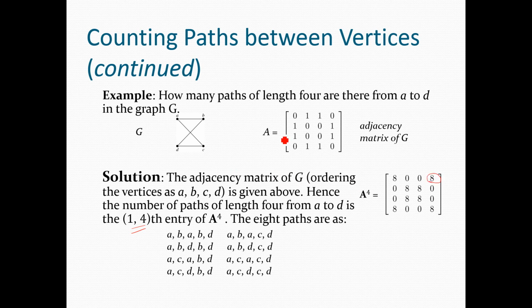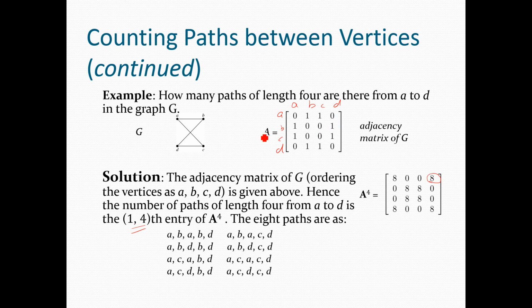First of all, we have to find the adjacency matrix of G, and this can be done with the order A, B, C, D, order matters, of course. A is not connected to itself because there is no loop. A is connected to B, so 1 is there. A is connected to C, yes, so 1 is there. Similarly, A is connected to D, but not E, so 0 is here.